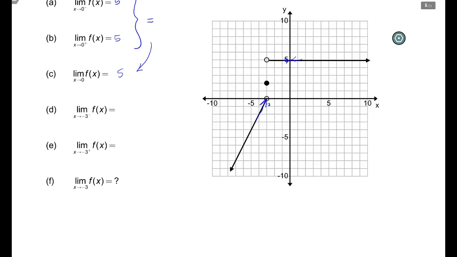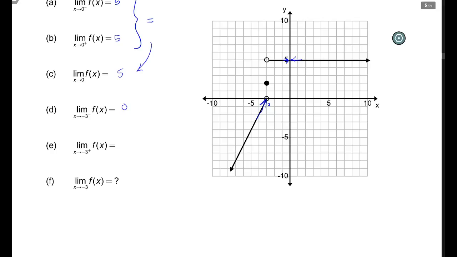Do they give you graphs like this? Of course, because they want you to know. You just ignore it and look at the parts that are the continuous path to that point, and I ignore any holes or random points. So what is the y value here? 0.